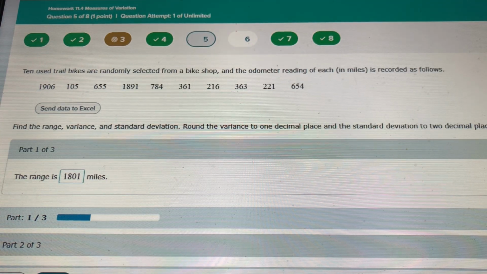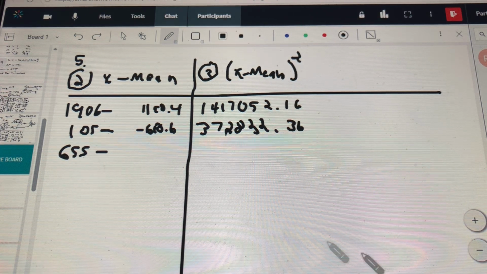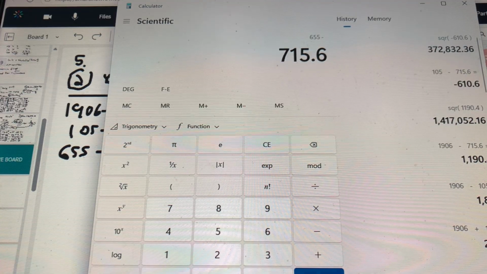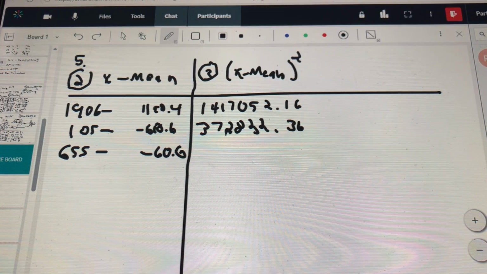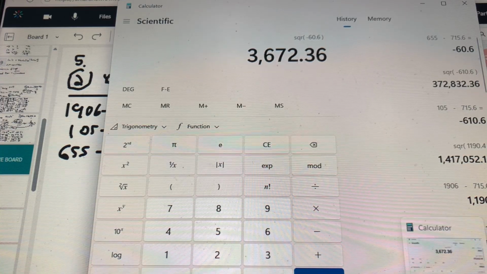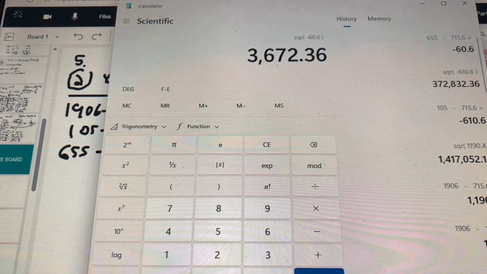The next number is 655. 655 minus memory recall is negative 60.6. Square it. 3672.36.